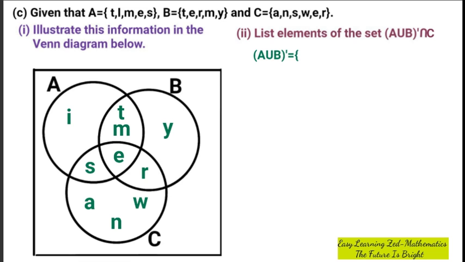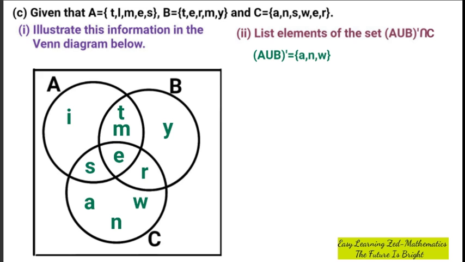You find that the elements are A, N, and W. These three elements are not found in circle A or circle B. So they are not found in set A or set B. Therefore, these are the elements of A union B complement, which are A, N, and W.